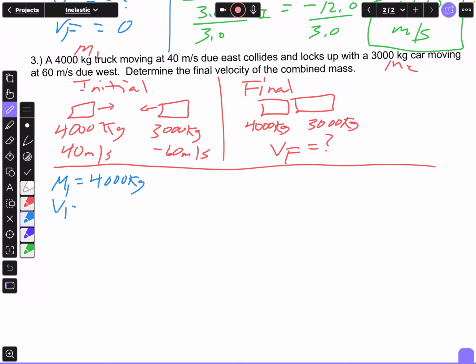My V1I is positive 40 meters per second. My M2 is equal to 3,000 kilograms. And V2I, its initial velocity, is negative 60 meters per second.